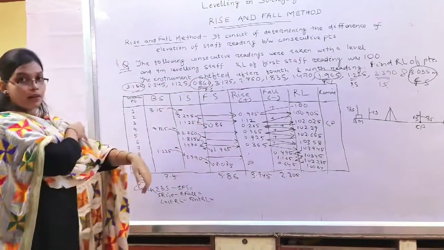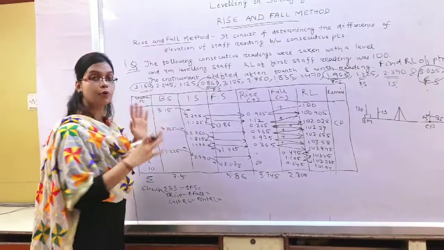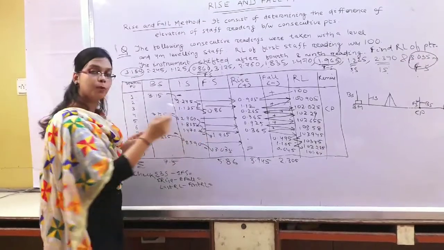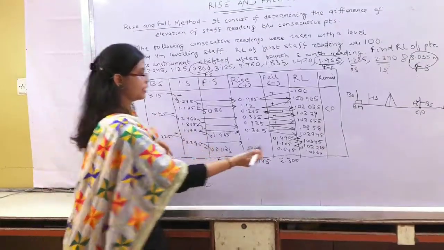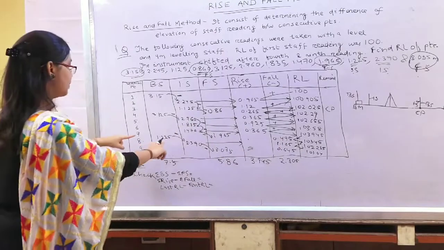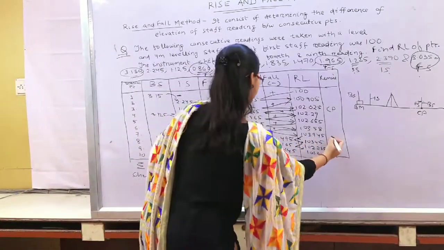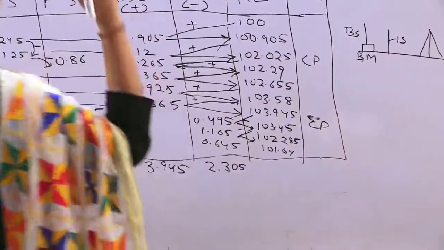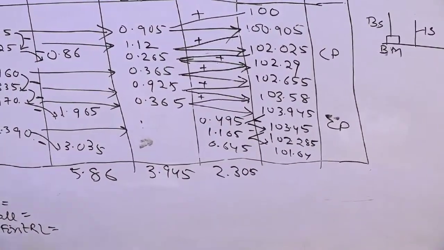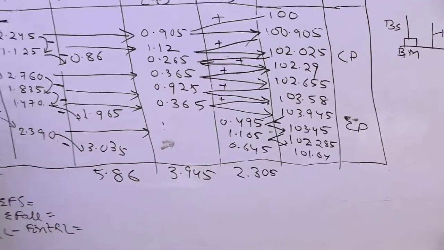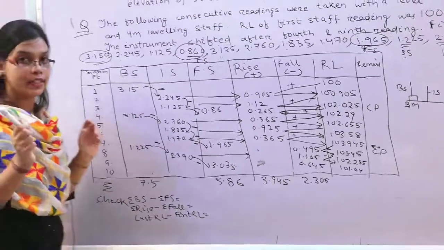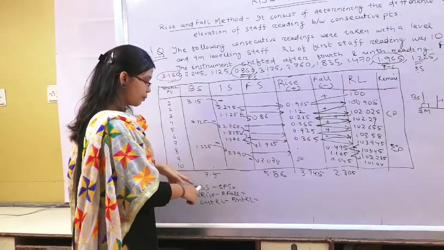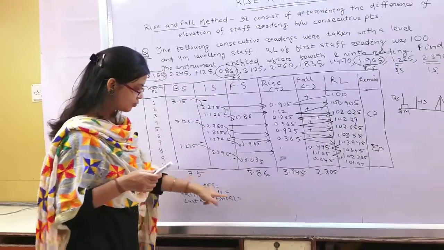Okay. Now, how to check this problem? Here at another change point we have both a backside reading and a foresight reading. After solving this problem, you have to check whether it is correct by putting the summation values in this check.